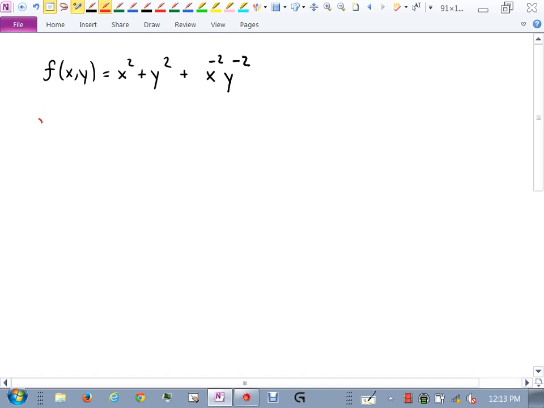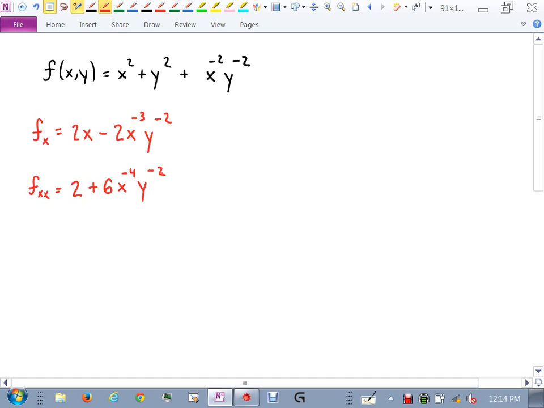Let me try and get all my derivatives. Fx is 2x, then what? Negative 2x to the negative 3, y to the negative 2. So the power on x comes out, right? You subtract 1. All right, what's fxx? 2 plus 6 x to the negative 4, y to the negative 2.